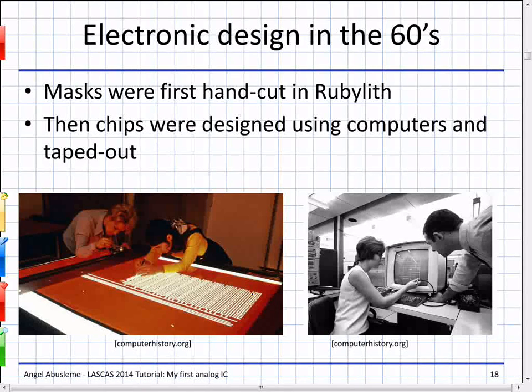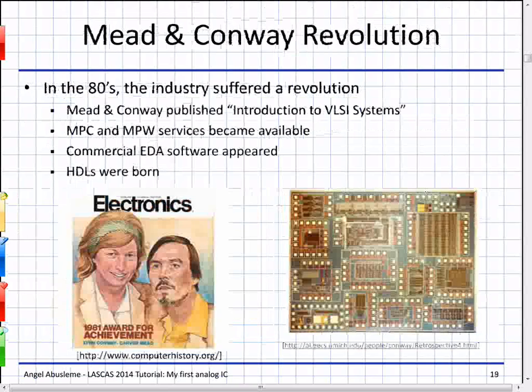Electronic design at that time was handmade, so there were masks, and these were cut by hand, basically. Then they moved to computer-aided design, and then there came the Mead and Conway revolution.